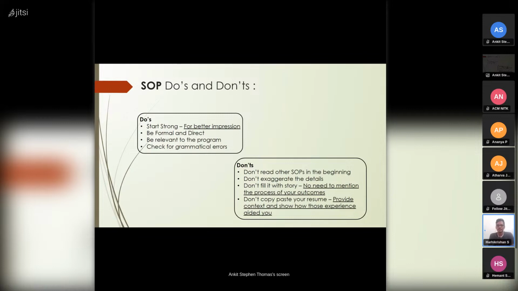That's what I pointed out in the next point. Don't fill it with stories. Stick to what you did and what is the outcome you gained.